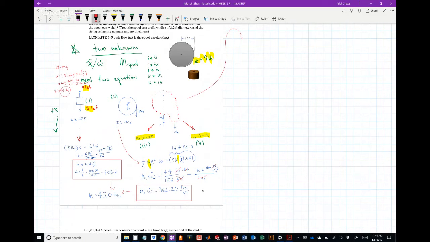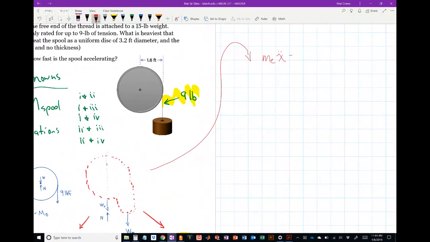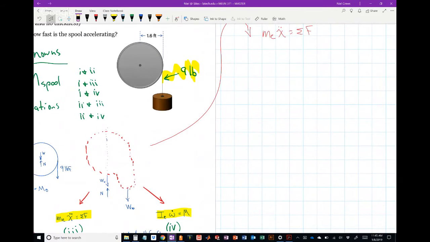That is this: an effective mass times x double dot equals the sum of all the forces. We'll do the sum of all the forces in y.